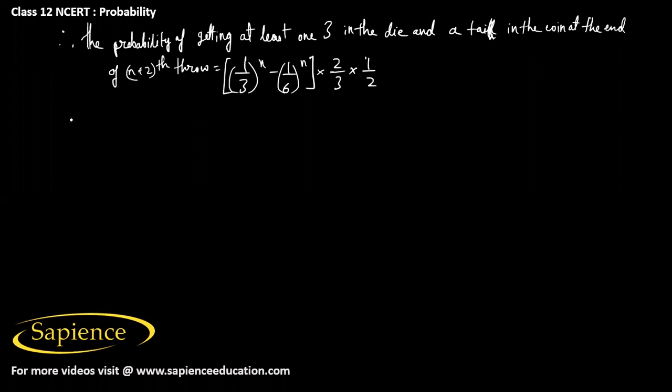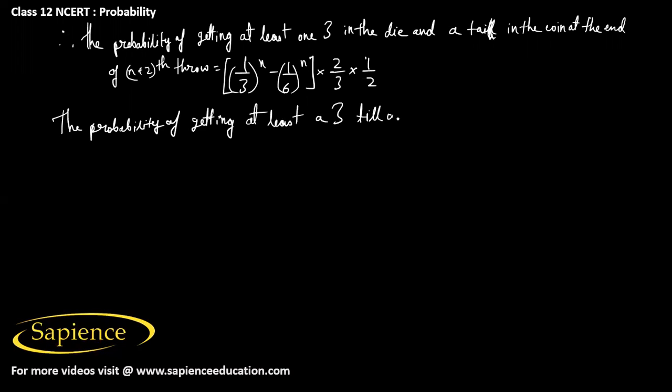So in this way, we can find the probability of getting at least a 3 till a tail is obtained.